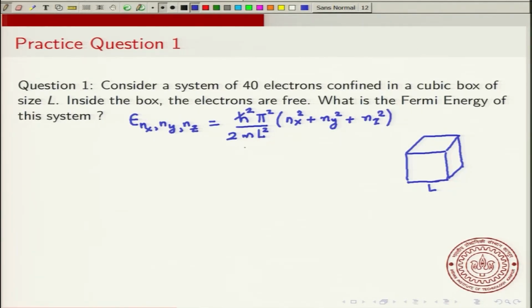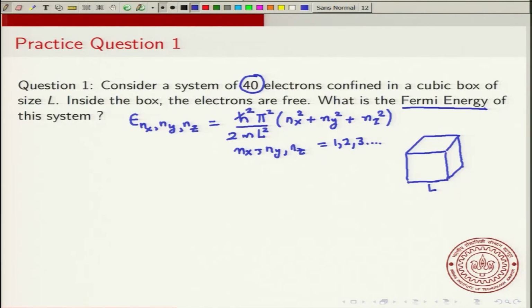And the condition is that nx, ny and nz can all take values 1, 2, 3 and so on up to infinity. And you are told that there are 40 electrons. And the Fermi energy is the highest energy that the electron can have in this system.